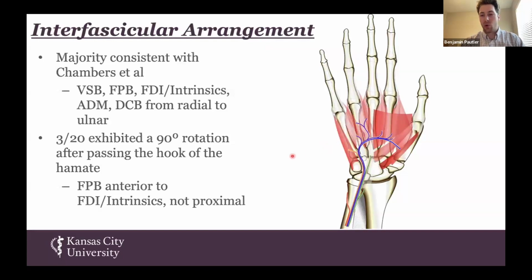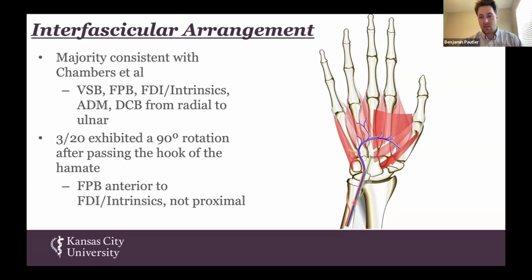Then finally, the really important part of our process was getting that interfascicular arrangement from Chambers et al. verified. So you can see here, we did have majority consistency with Chambers et al. You can see that from radial to ulnar, we had in green here, the volar sensory branch. In blue, the flexor pollicis brevis, which courses across, and then like we showed earlier on the cadaveric image, sort of recurrent style comes back to innervate that head.